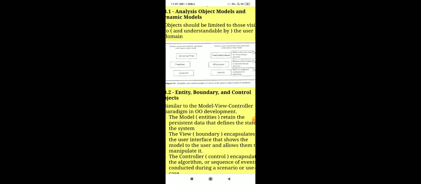And the second point of analysis concept is entity, boundary and control objects. Similar to the model view controller paradigm in object-oriented development, the models retain the data that defines the state of the system.